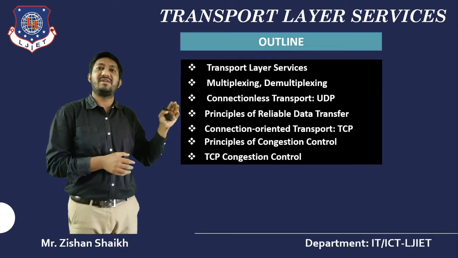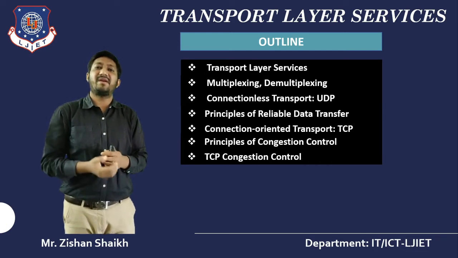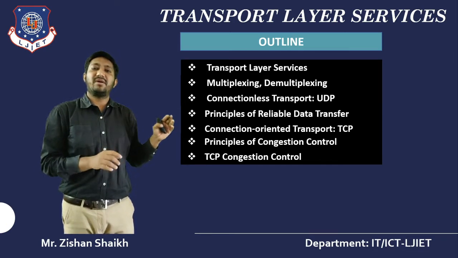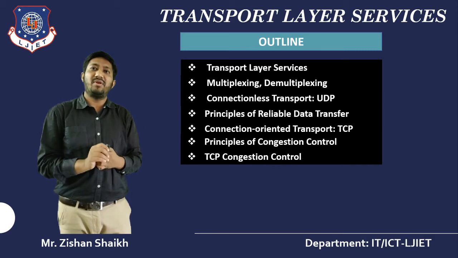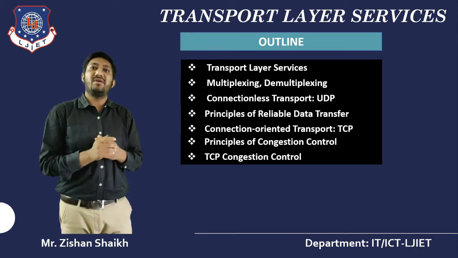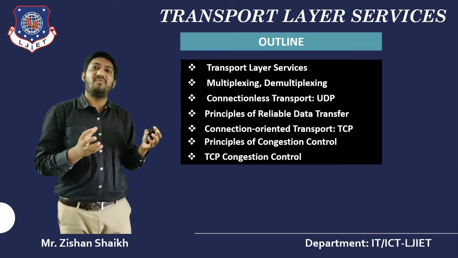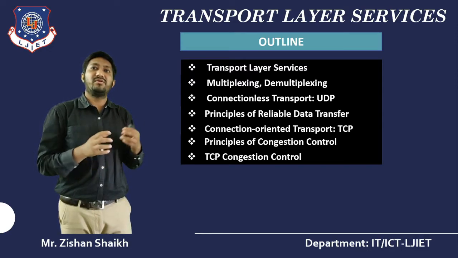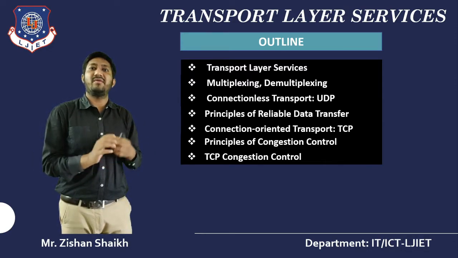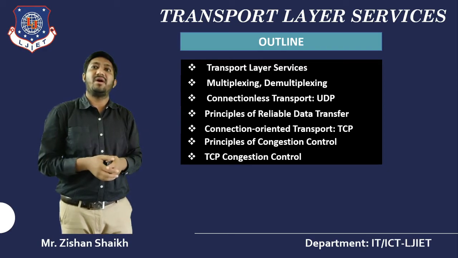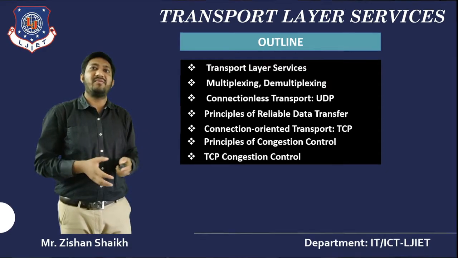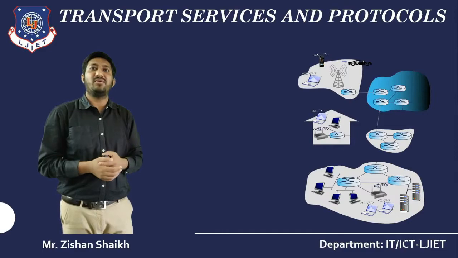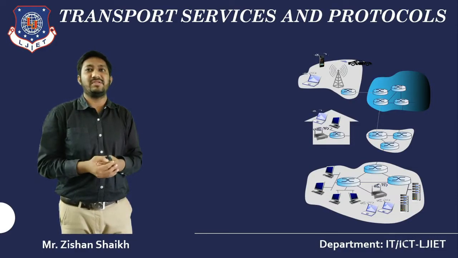Then we will understand the concept of reliable data transfer. Then the TCP protocol, and then we will understand congestion control, which protocols are used to solve the congestion problem, along with different algorithms. So let's start with our first topic, transport layer services.